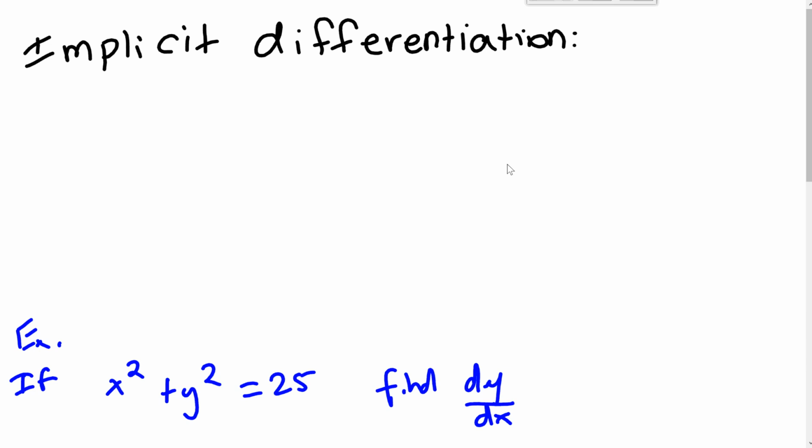2.6, look at implicit differentiation. And here's where we're taking, so not necessarily a function by definition, since a function is where it passes the vertical line test, but we're going to derive relations.